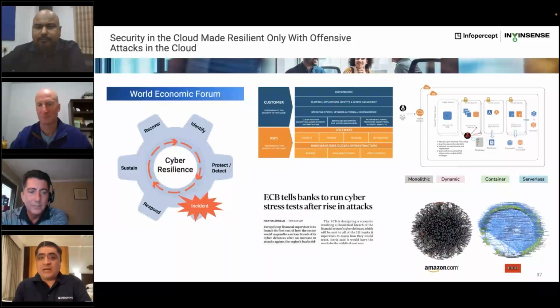So in this also, to address the cloud security requirement, even the European Central Bank is talking about the stress test. So you really need to conduct the stress test across the landscape to check whether you are able to secure or not. So that's the offensive first approach that we believe in.